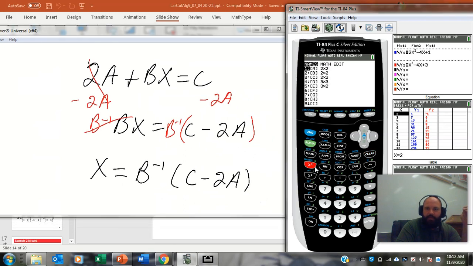So second matrix, I'm going to choose B, and I'm going to make it B inverse, and that is going to multiply matrix C minus 2, and then times matrix A. I messed that up.